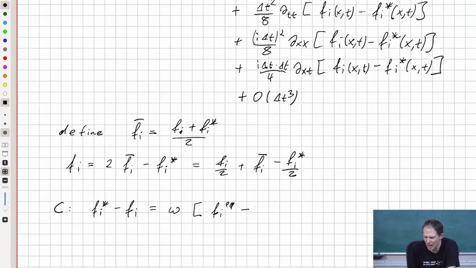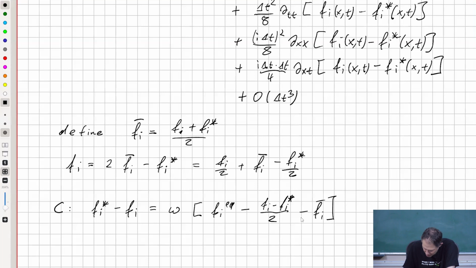So this fi before collision I will now replace by what we have just discovered here: fi minus fi after collision half minus fi over bar.